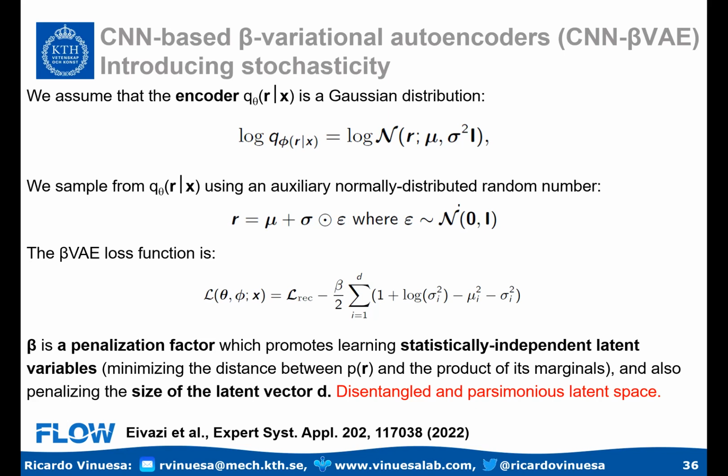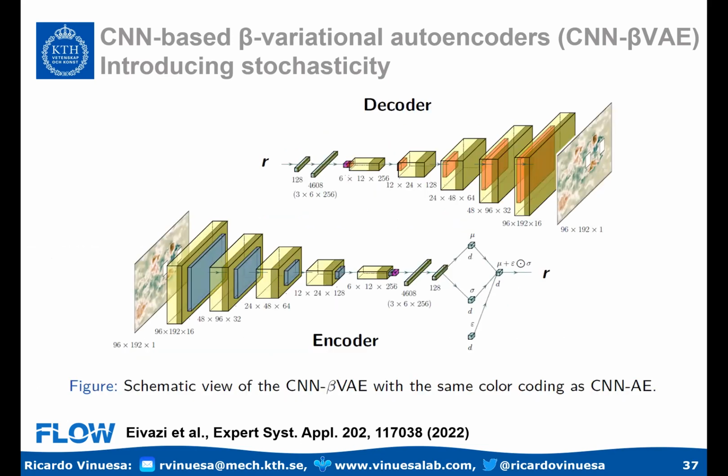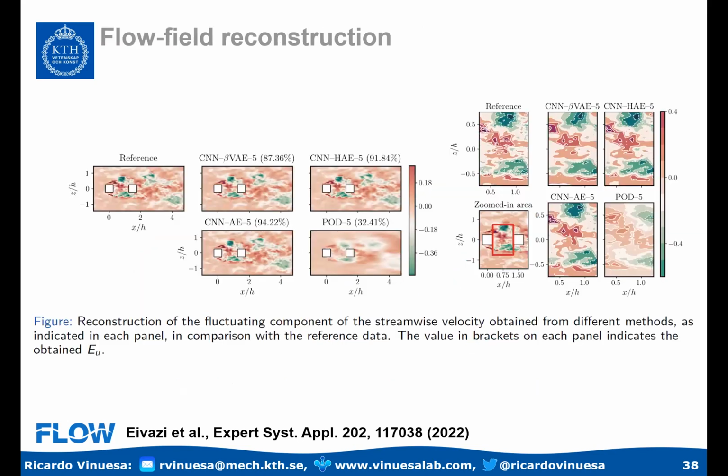Because at the end, you cannot have it all. So you need to regulate your loss function and regularize it in a way that you can promote whatever you want in terms of the parameter beta. Okay. So this is what my architecture looks like, my decoder, my encoder, and this is what the latent variables in the latent space look like with the mean, standard deviation, and the noise.